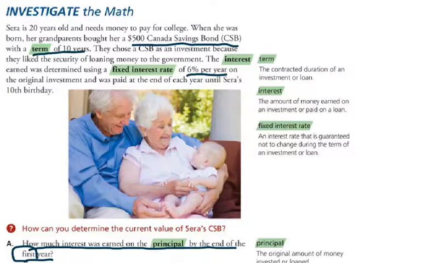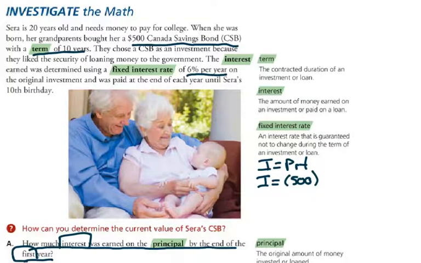Key thing in this question, we need to know whether we're looking for the interest or the final value, and that is how much interest. So we will be using the formula I equals PRT. I is what we're looking for. P is the principal, the $500 that was invested.